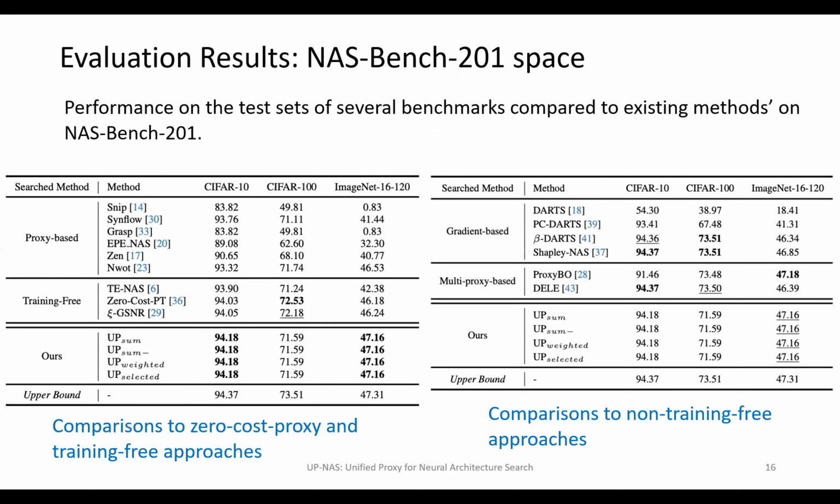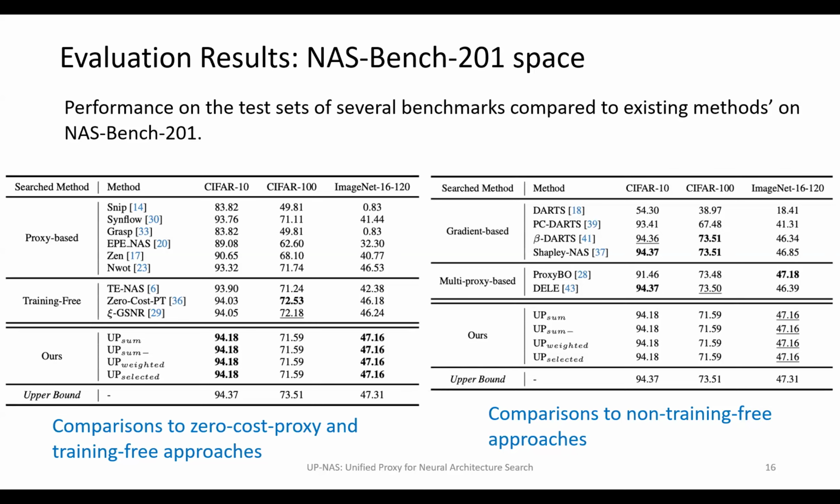First, we evaluate our method's performance on NAS-Bench-201. The left part is the comparison of our approach to the zero cost proxies or training-free approaches. As can be seen, our approach is competitive and can find a slightly better architecture than the other zero cost proxies or training-free approaches.